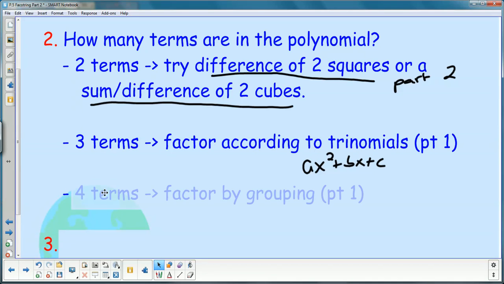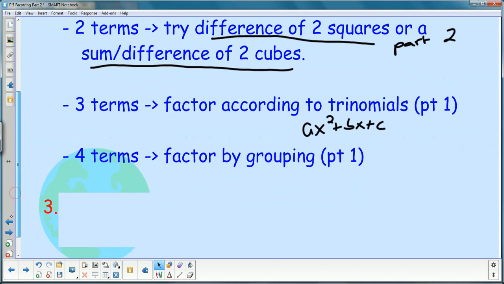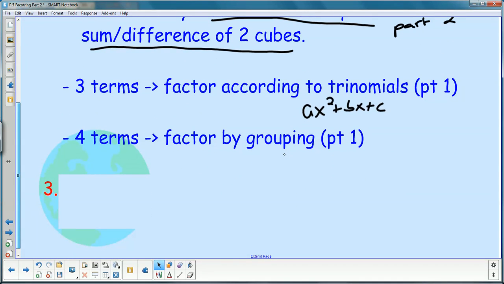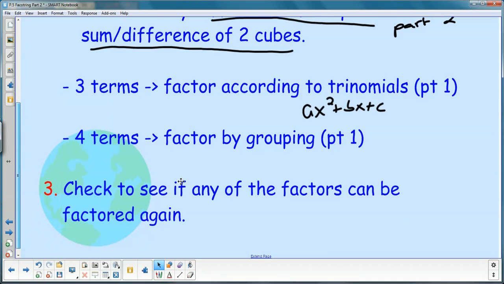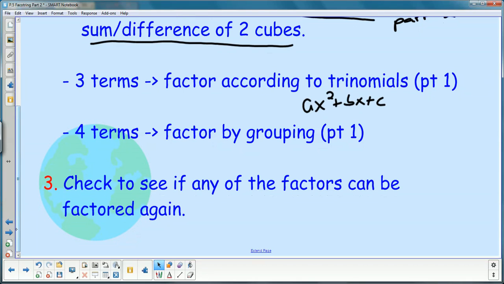Next option then would be 4 terms, and that is when we want to start looking at factor by grouping, which again was, I believe, the second thing we looked at on part 1 video. After we've done all those things, if we've factored as much as we can, we need to make sure that any of the factors we created are not able to be factored again.